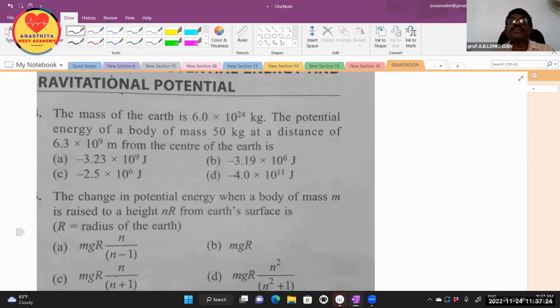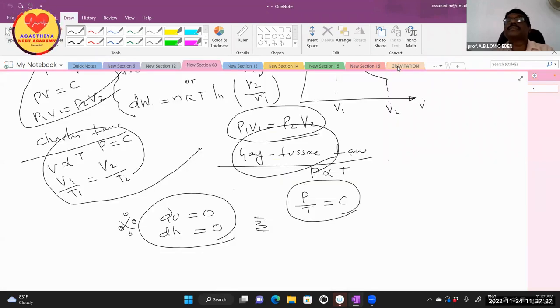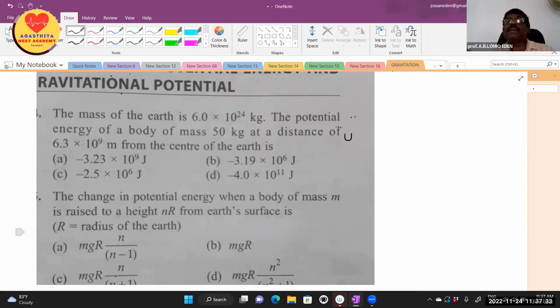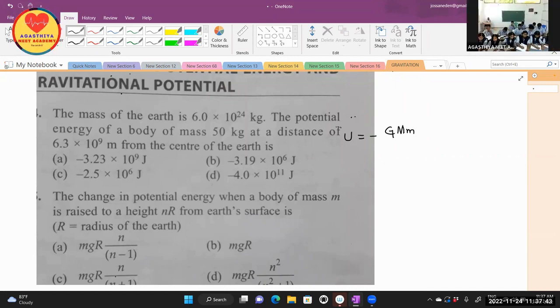It's a direct question. The gravitational potential energy is denoted by the letter U. The expression is minus capital G, capital M, small m, divided by R.